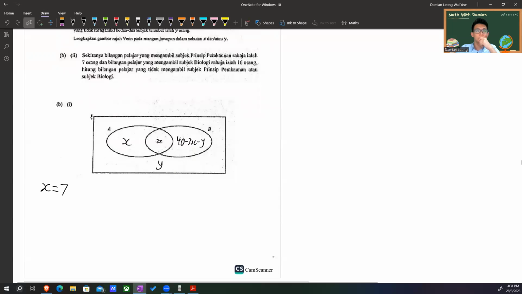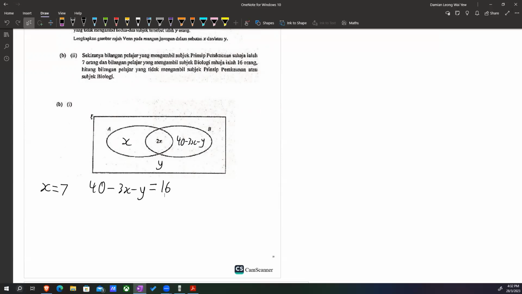Accounting or biology means basically I want to find y. So 40 minus 3x minus y, those who take bio only, is 16. So using this, I can actually find the y value. Can straight away find the y value from here.